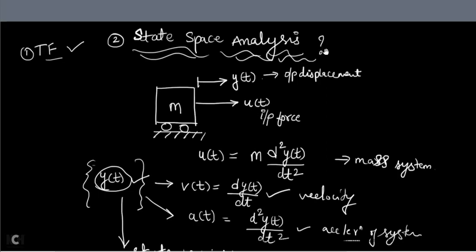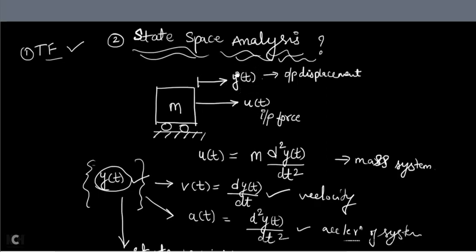Now we will understand what this state space analysis is and what the different terms used in state space analysis are. For that, consider a simple mechanical system called mass M. Rollers are there, and then you have a rigid surface, and there is an input force pulling this mass towards the right side. Because there is a force applied to the right side, there will be a displacement of the mass towards the right side only.